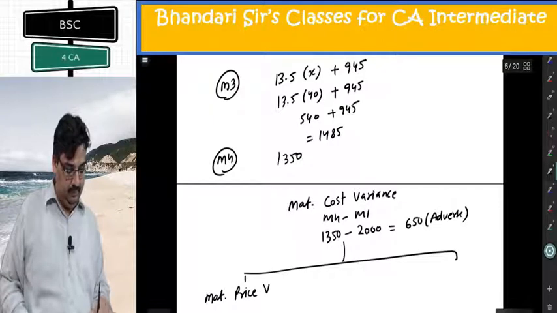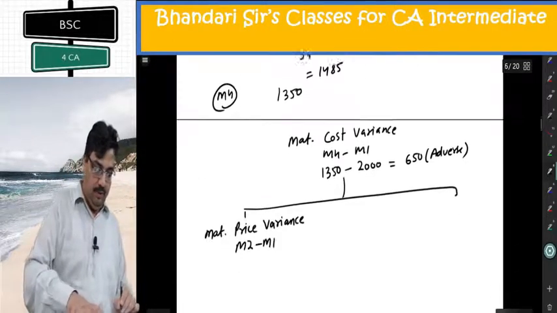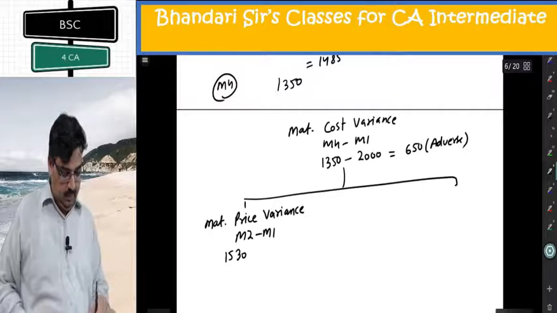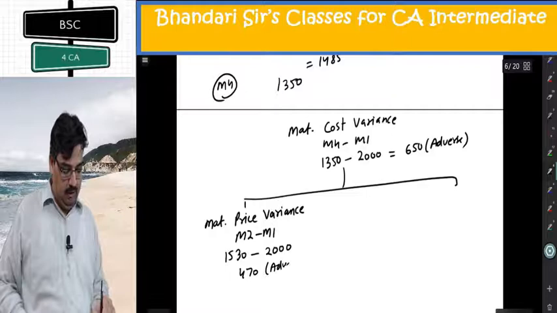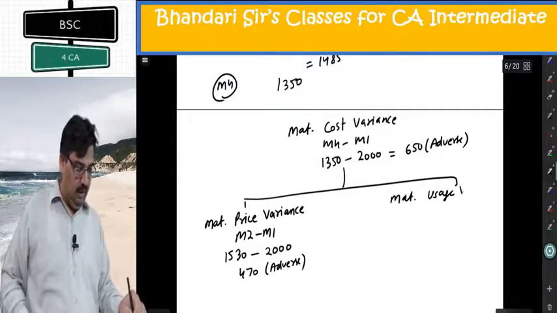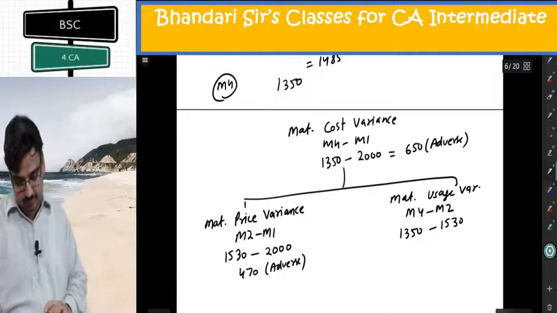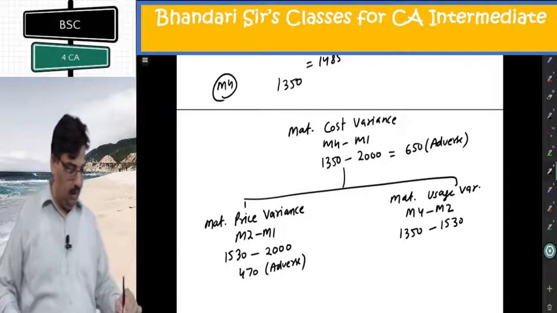Material price variance, M2 minus M1, 1530 minus 2000, 470 adverse. Material usage variance, M4 minus M2, 1350 minus 1530, 180 adverse.